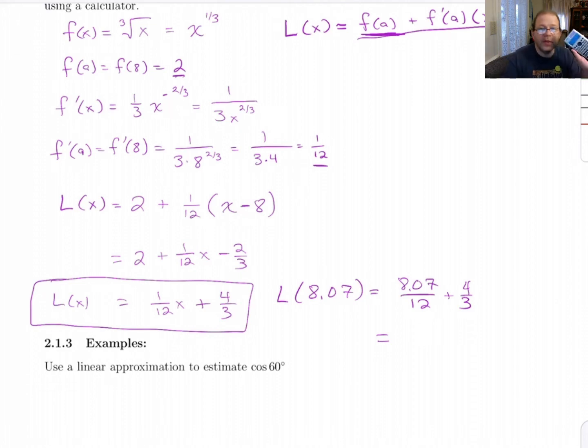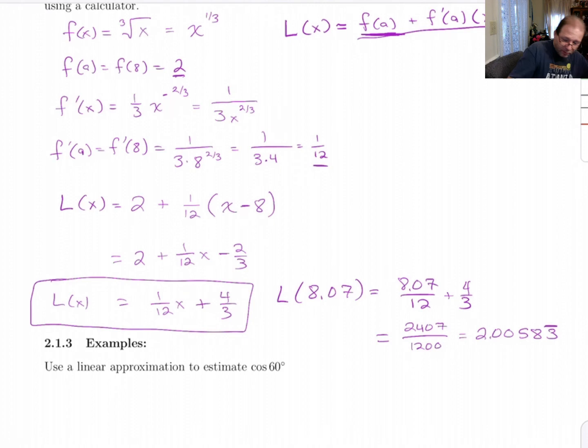All right, when I put that in here, it actually gives me a fraction, 2407/1200, or 2.0058, and then 3's that repeat forever. So let's compare this with calculator.